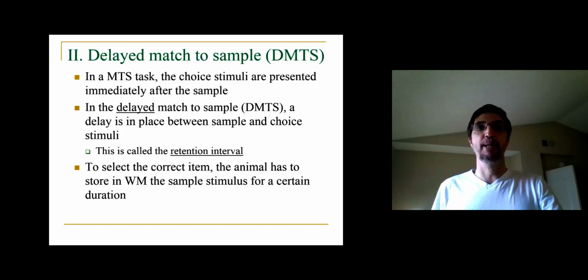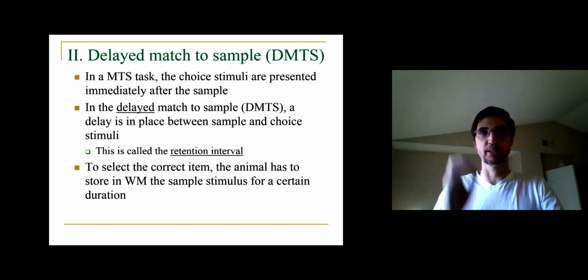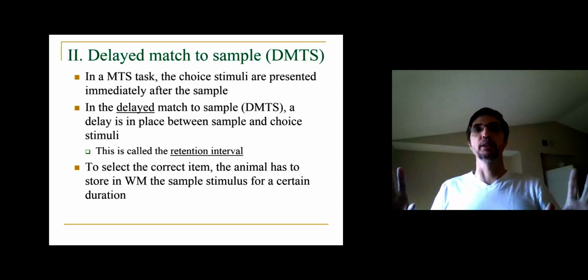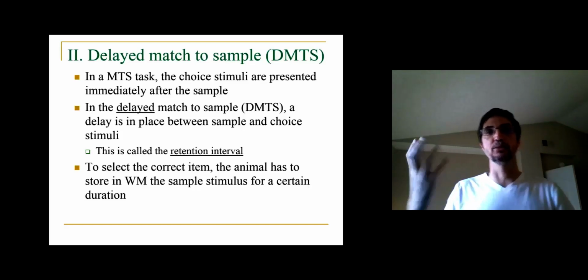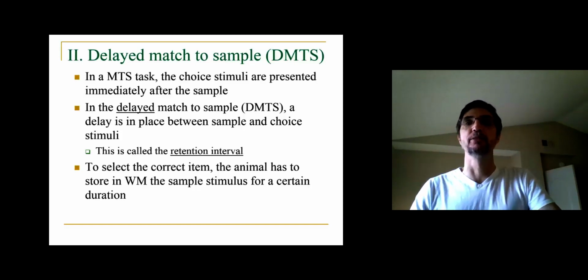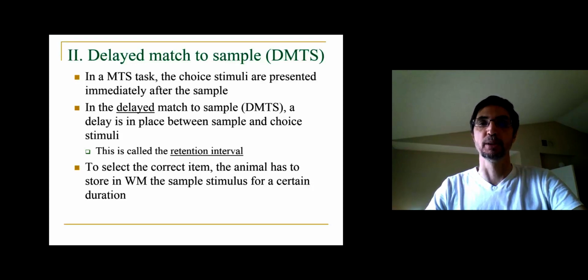In a delayed match-to-sample, there is a delay, a retention interval, placed between the sample and the choice stimuli. So in order to perform accurately, the animal has to keep the sample stimulus active for a certain amount of time.